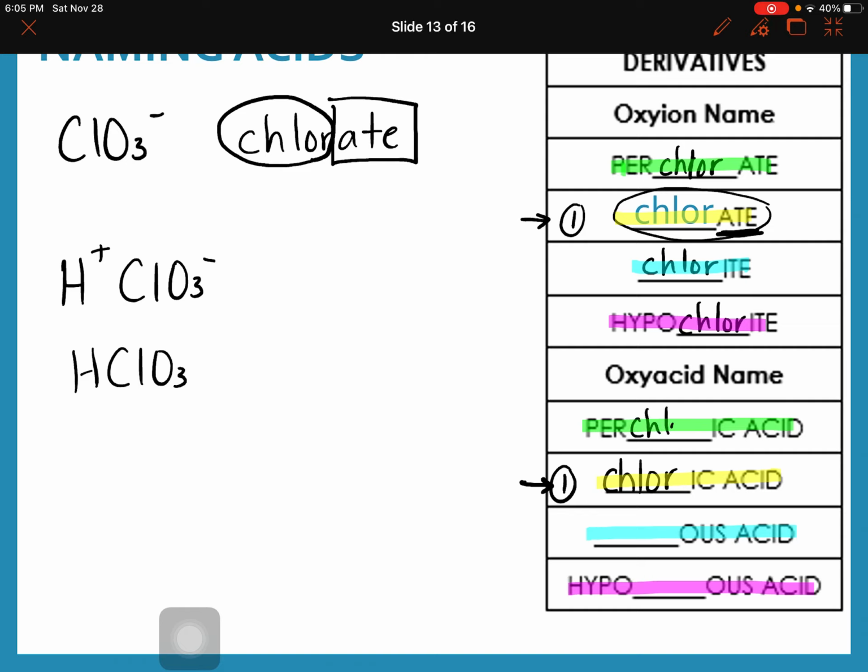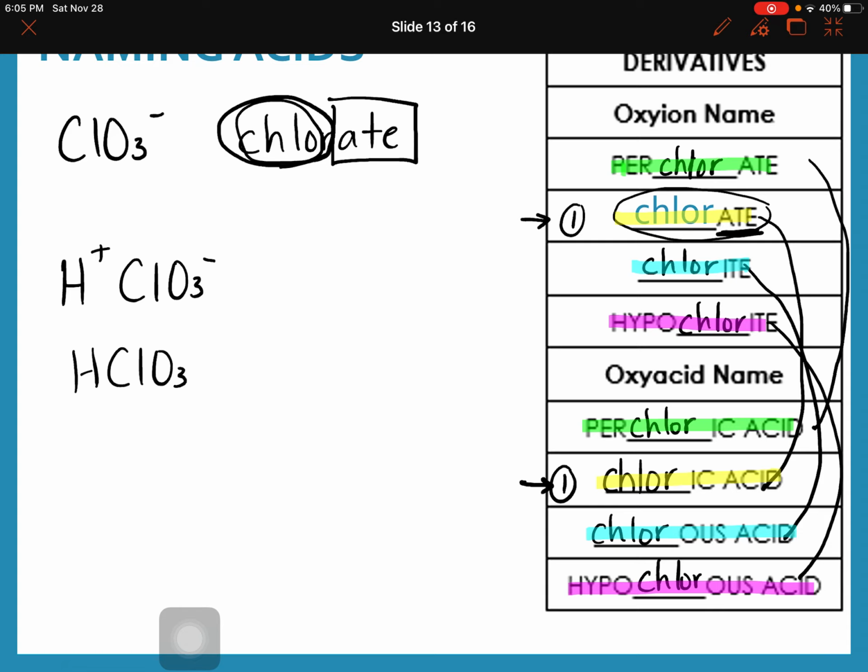So once again, in these, it's literally just chop off the -ate, and what comes before it is what would come into here. So the first thing in the chart pairs with the first thing for the oxyacid. Second thing, when it becomes an acid, that's its name. Third thing, that's what it's called when it becomes an acid. And the fourth one, that's what it becomes when it's called an acid.